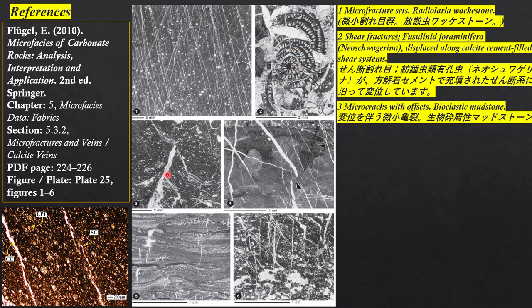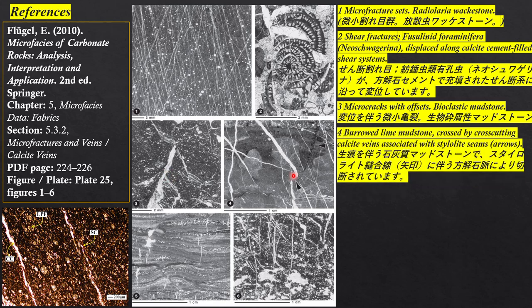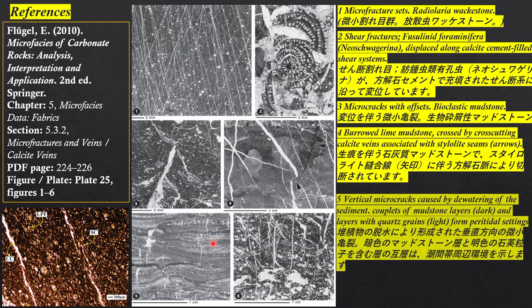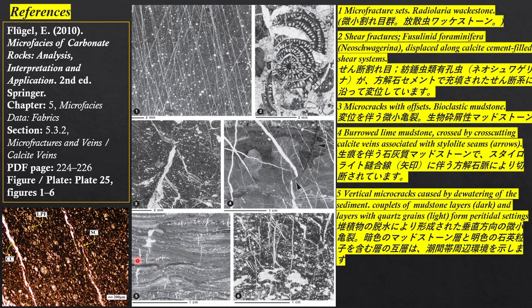We have the micro crack with offset bioclastic mudstone. We have the burrowed limestone which is cross-cut by a calcite vein. So we also have the calcite vein here. We have these vertical small micro cracks made by dewatering of the sediments. So we have couplets of the mud layer or the layer of the quartz grain.